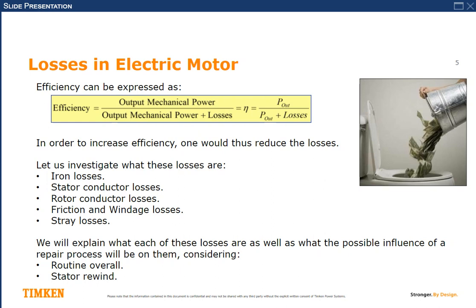I don't want to delve too much into that, but in order to quantify the losses that we're going to look at, in general, when you look at large machines, probably up to about 5,000 horsepower, if you go to a very harsh environment like mining environments, you typically find that these machines fail around a stator rewind somewhere around 8 years. If you look at very sophisticated environments like petrochemical, these machines would typically last 15 to 20 years before they require a stator rewind.